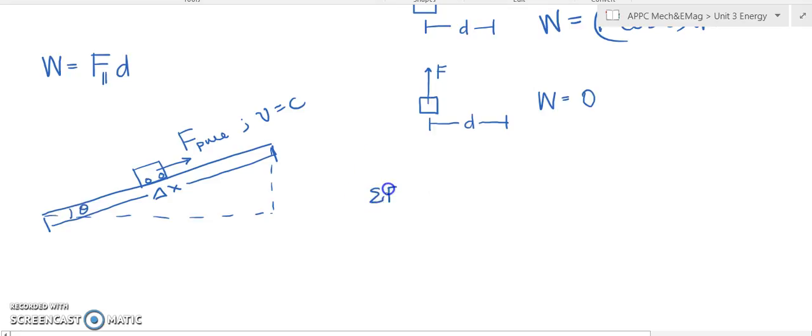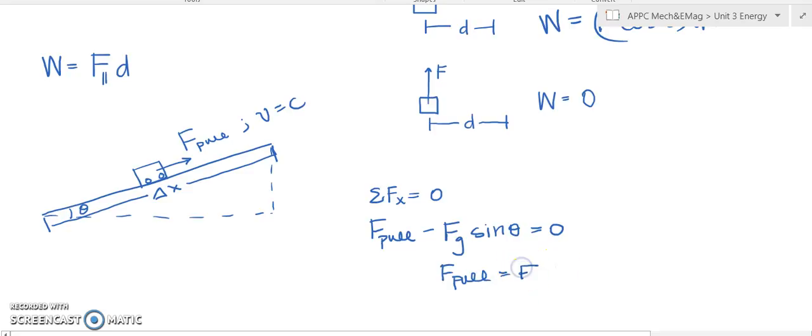You remember summing the forces in the x direction? So the force pull up the incline minus the component Fg sine theta down the incline would equal 0. So then the pulling force would be equal to Fg sine theta.